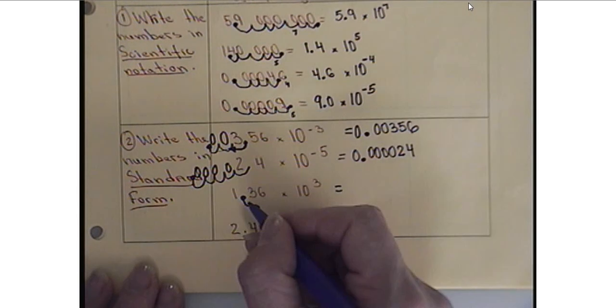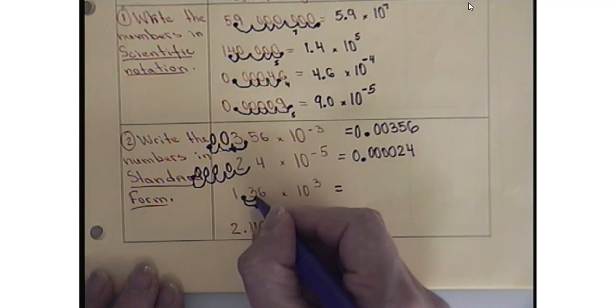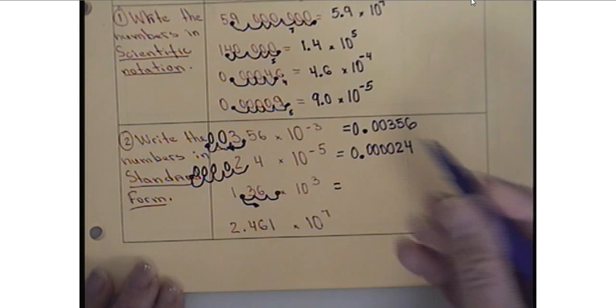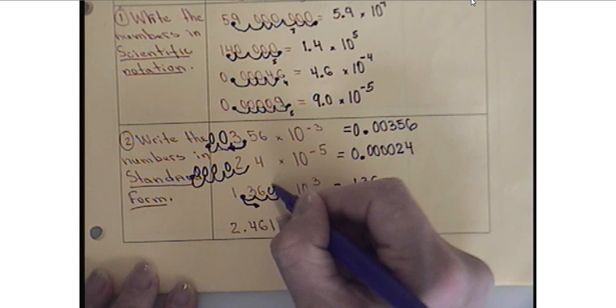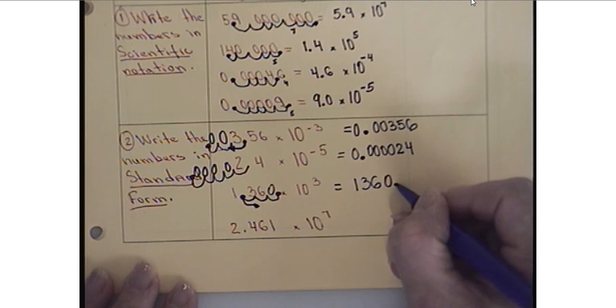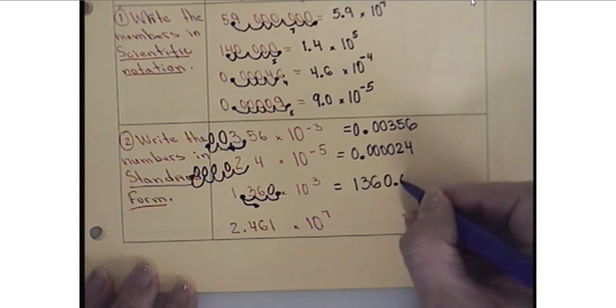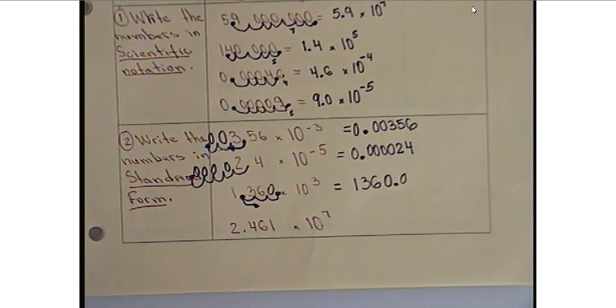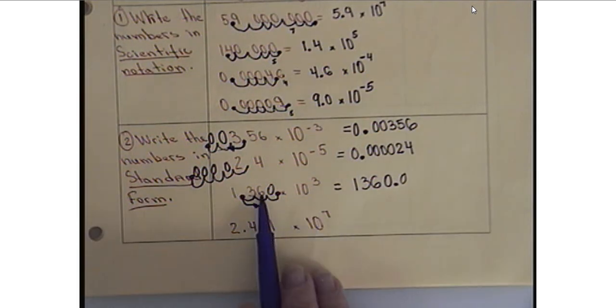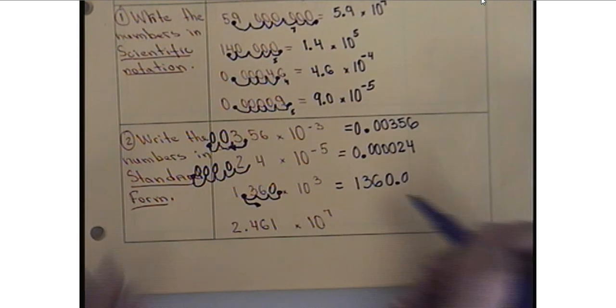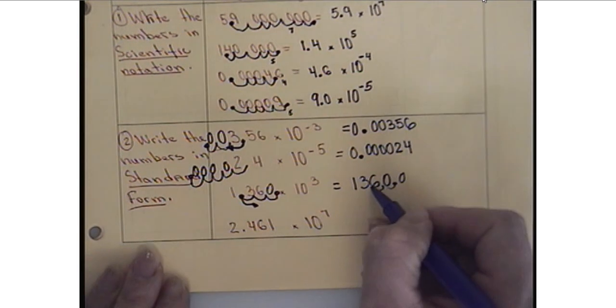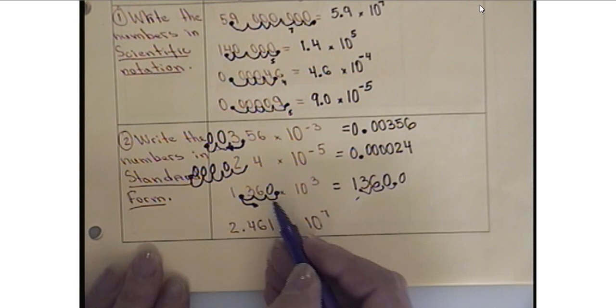So let's do 3 jumps here. 1, 2, 3 jumps. And I will start writing 1, 3, 6, and then is my decimal point, and we can end with 0. So 1.36 times 10 to the third is 1,360. And if you want to go backward and count 3 jumps, you will see that we will get exactly the same number.